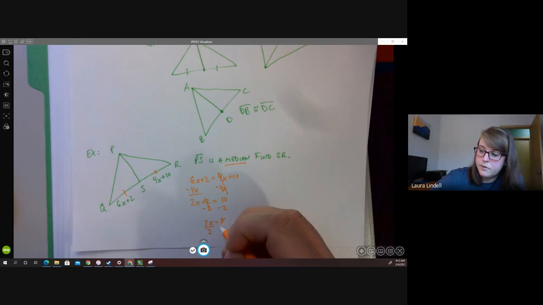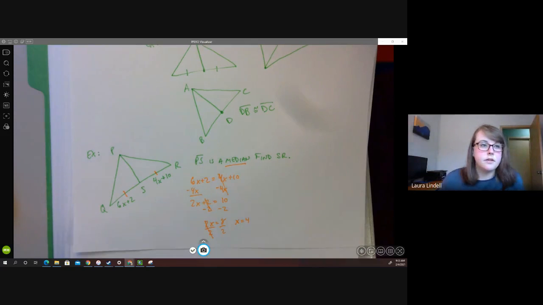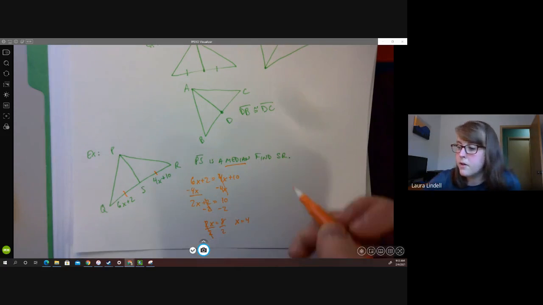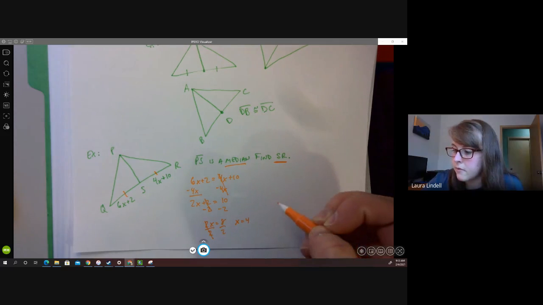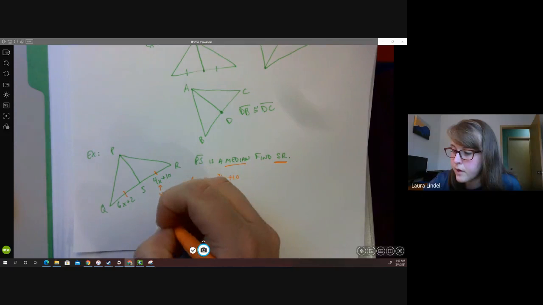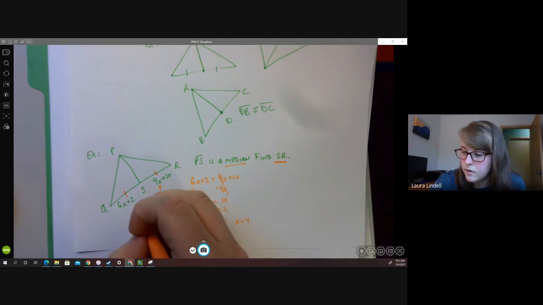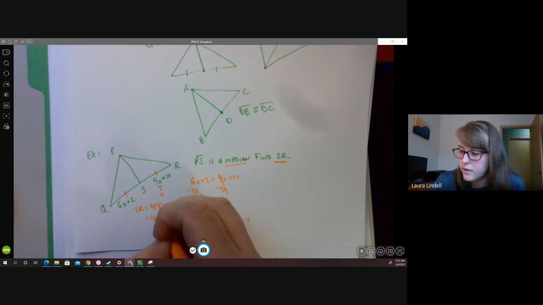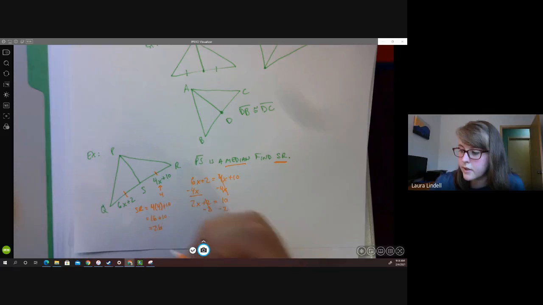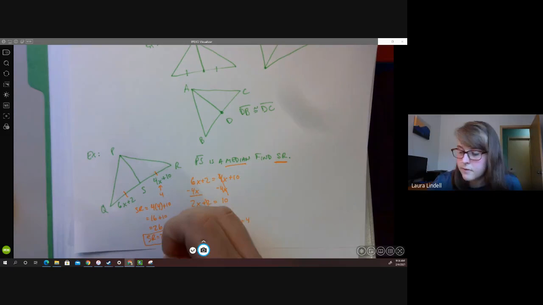Divide by 2 on both sides to get x equals 4. So there's part of our answer, but then we want to make sure that we solve for what we're being asked to solve for, which is SR. So we would have to plug this back in to get 4 times 4 plus 10, which is 16 plus 10, which is 26. So our answer, SR, is 26.